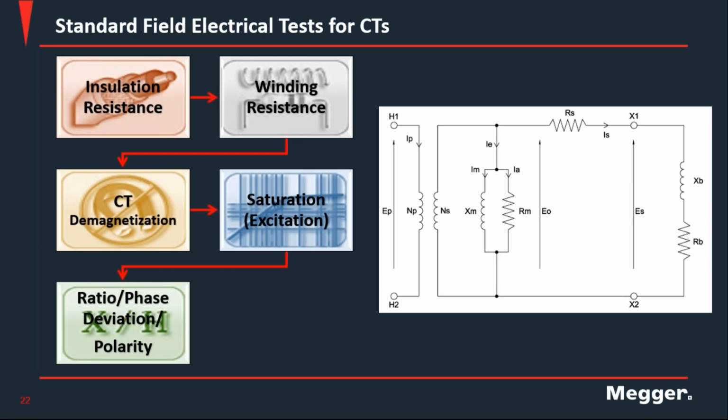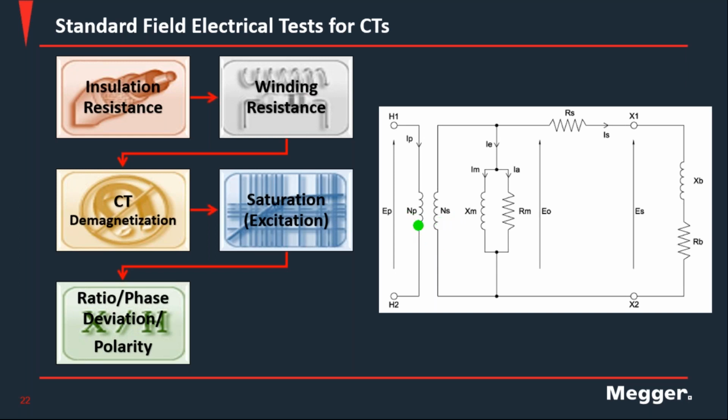So then the other part that you want to verify or get results from is this ratio: the number of turns on the primary side in relation to the number of turns on the secondary side. As we already saw in the vector diagram previously, you're going to have a ratio error there, so it's not going to be exactly the number of turns.